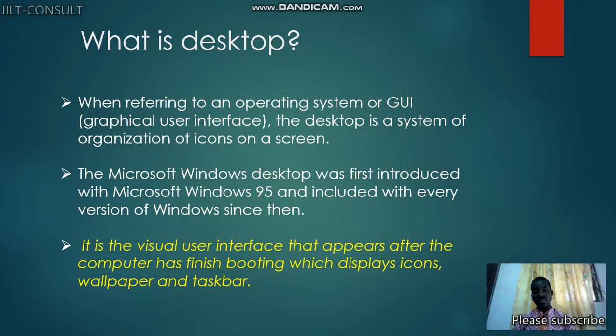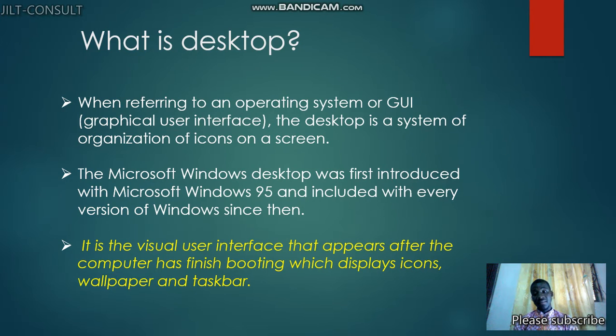I should find out the name of the first Windows created by Microsoft. The name was what? Windows 95. Good. After Windows 95 we have Windows 2000, 2003, Windows 8, Windows 8.1, we have Windows 10, and now Microsoft is preparing to give us Windows 12 in this new 2020.